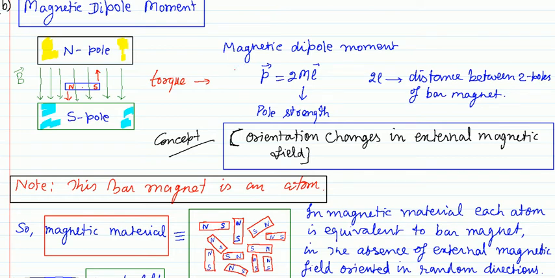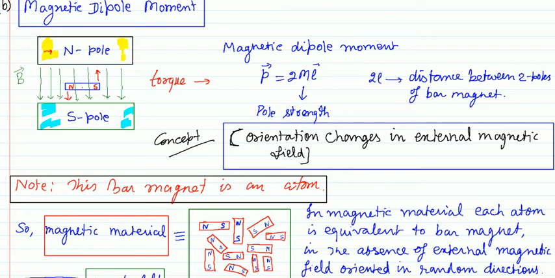The magnetic dipole moment, if you have to find it out, you can find it by this formula: P is equal to 2m into L, where m is the pole strength and 2L is the separation between the two poles. Don't confuse these two poles with the capital North pole and South pole. We did not consider those.